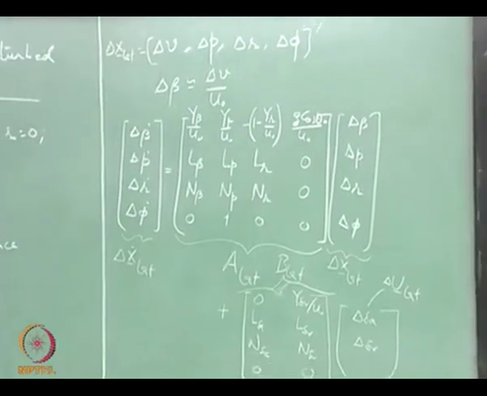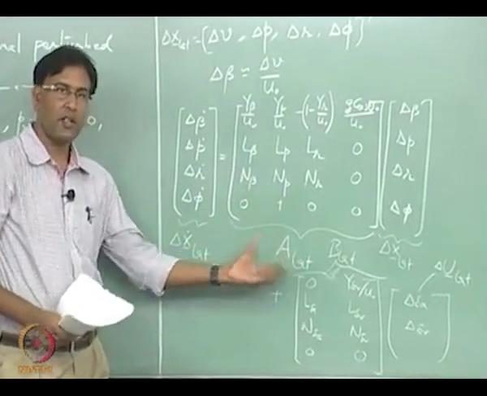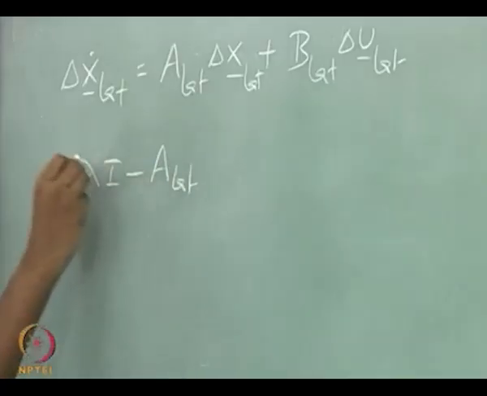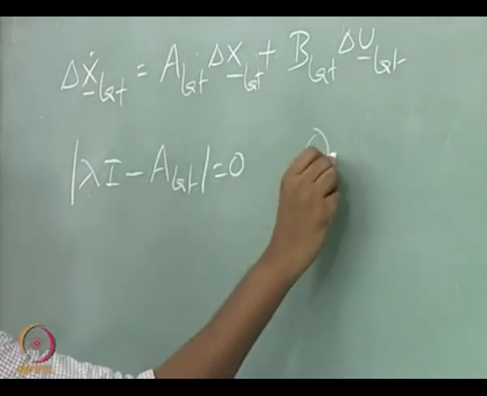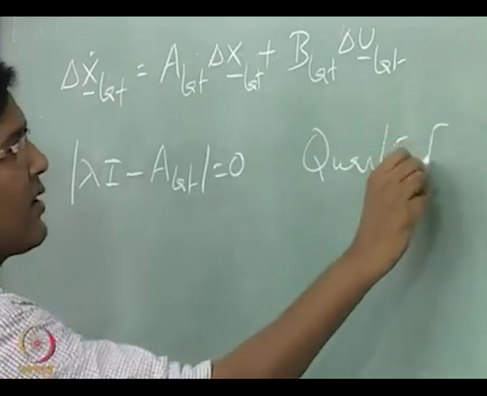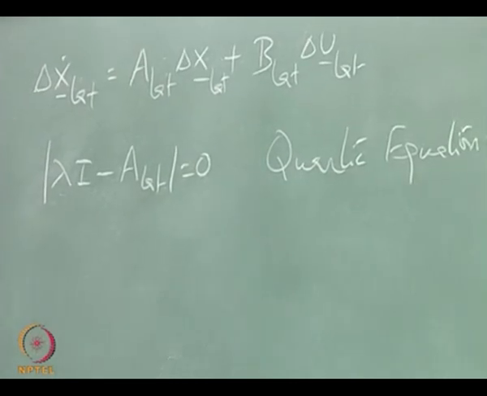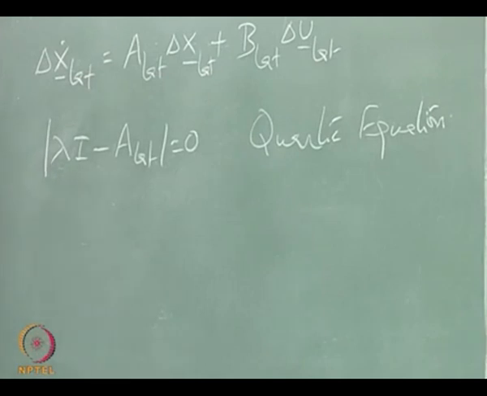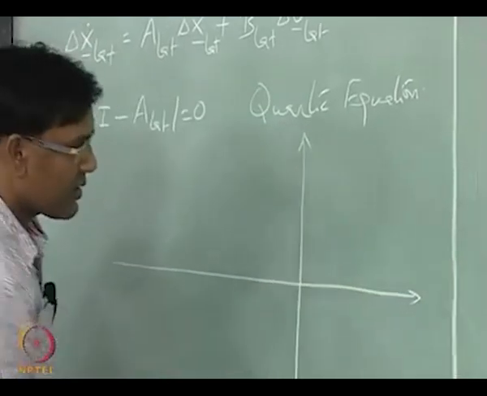Now, we have to repeat the procedure. What we did, we solved this matrix for the eigenvalues. This gives me the characteristic equation, which is a quartic equation. When we solve this equation, we get 4 eigenvalues, and you know where the eigenvalues are located.